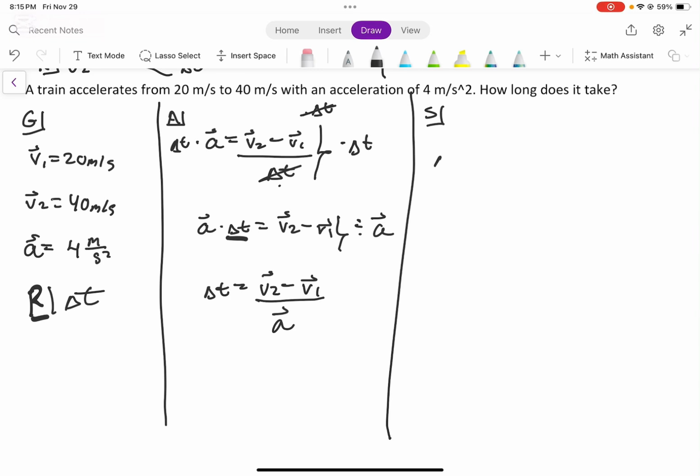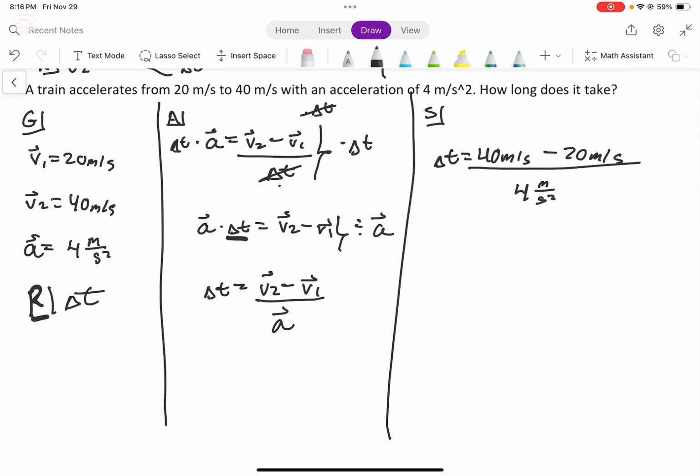So now we can go delta t is equal to V2, which is 40 meters per second, minus V1, 20 meters per second, over 4 meters per second squared.